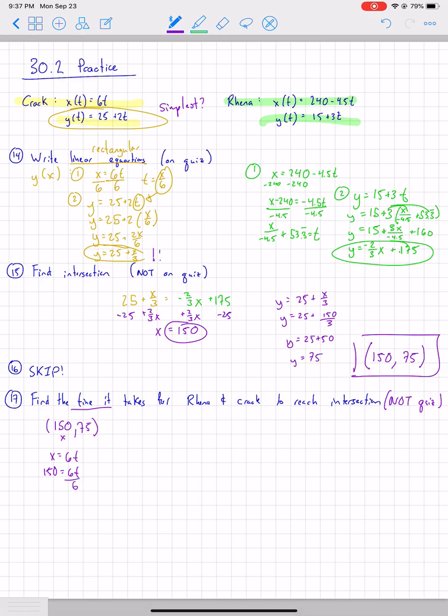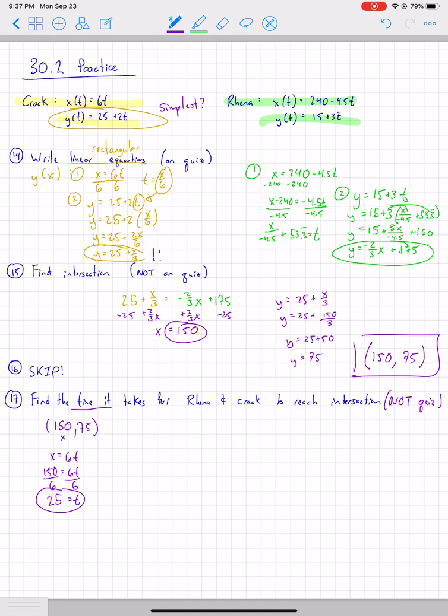So we just divide by 6. That would be 25 equals t. In class, we didn't really check our units. So 25 is our time. That means it takes 25 units for the crack to meet where the paths cross.